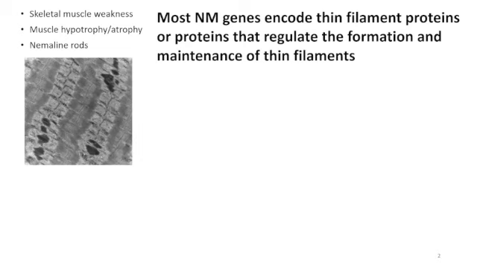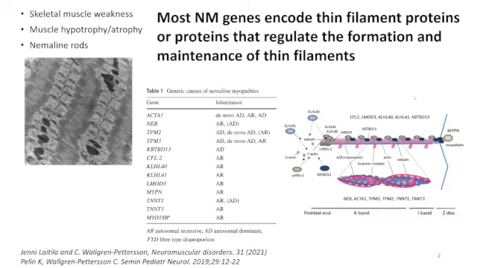As you have already heard, most nemaline myopathy genes encode thin filament proteins, or proteins that regulate the formation and maintenance of thin filaments. This slide is taken from the Finnish group, Drs.